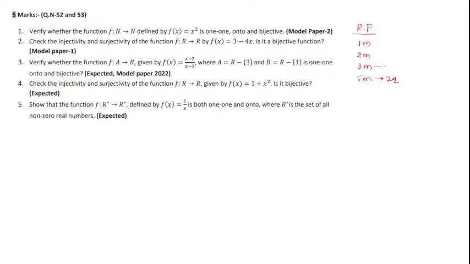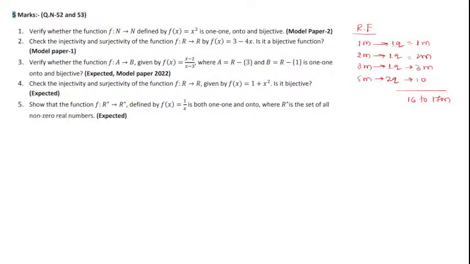So totally you are going to get maximum 16 to 17 marks barutte from the same chapter, that is Relations and Functions.